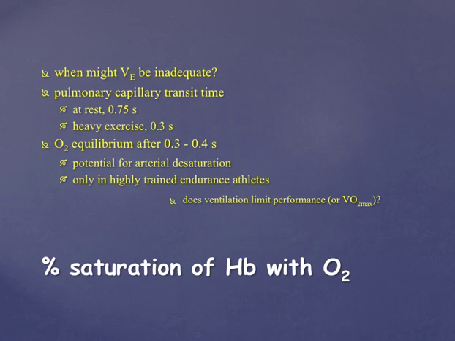It takes about 75/100ths, 3/4 of a second for the blood to go through the lung when your heart rate is around 70, so at rest. In heavy exercise, if your heart rate is 200 beats per minute, then each beat occurs every third of a second, so your blood has about 3/10 of a second to pick up all that oxygen.